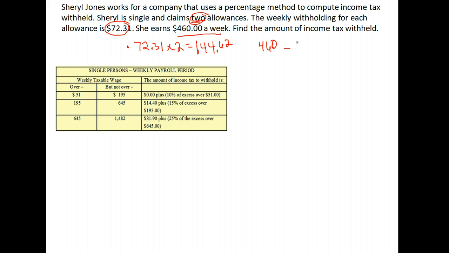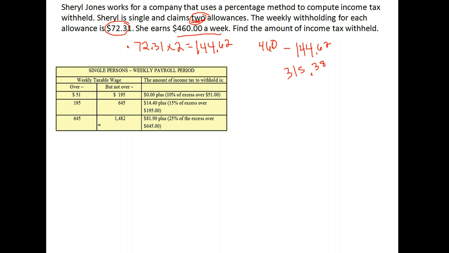That can be taken out so that she doesn't have to be taxed on it. That's what our allowance means. Okay, so now we have taxable wages of $315.38, and we can go to the table.